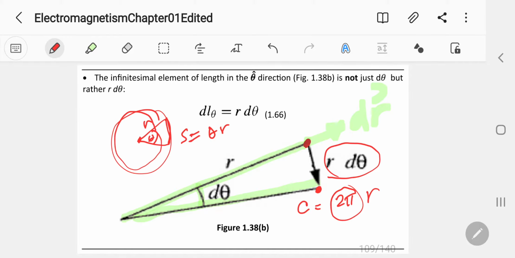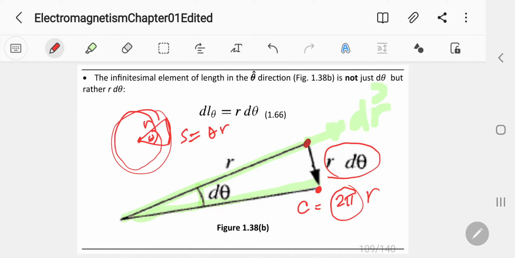The infinitesimal volume element then would be this, which is also equal to dx dy dz in the rectangular coordinate system.